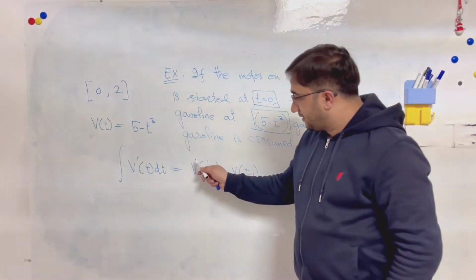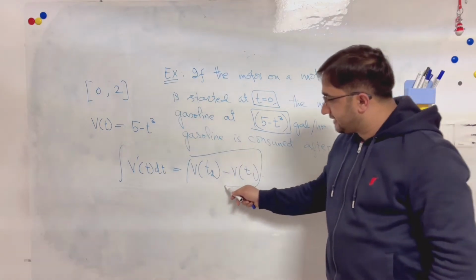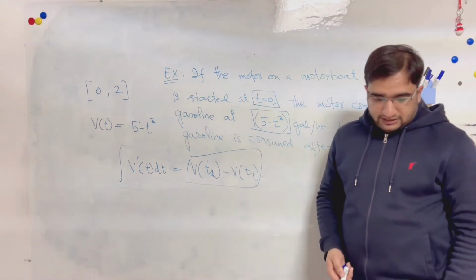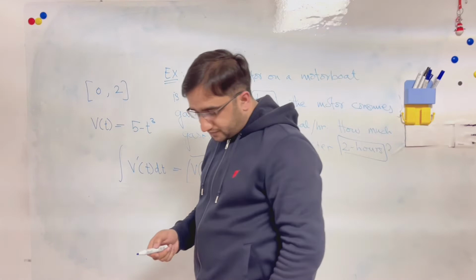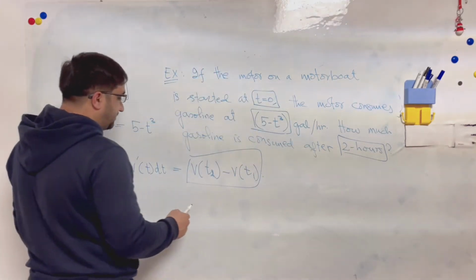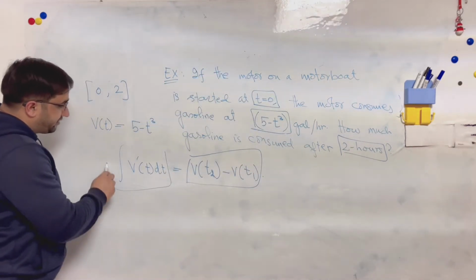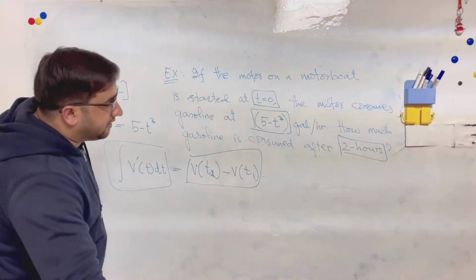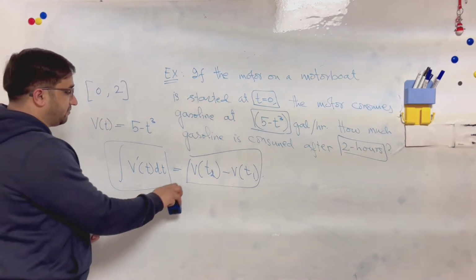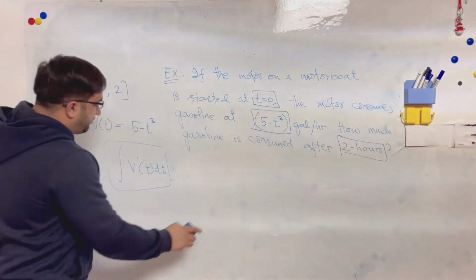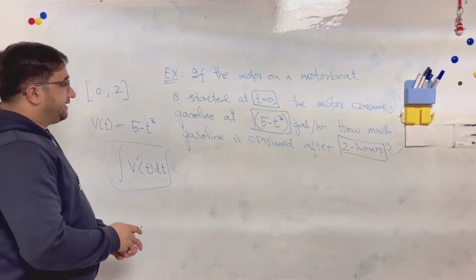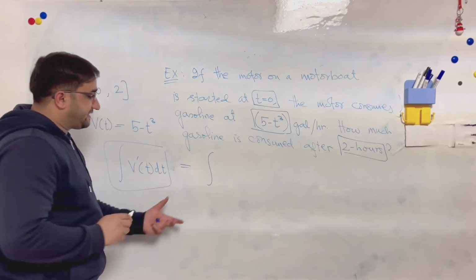And on the right, this is just giving you the situation, what will be the answer. So you need an expression for this, just like we did in the case of the distance problem. Now for this, what will be inside the integral?